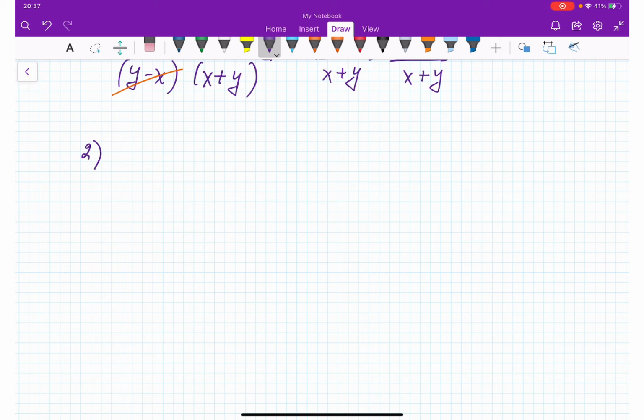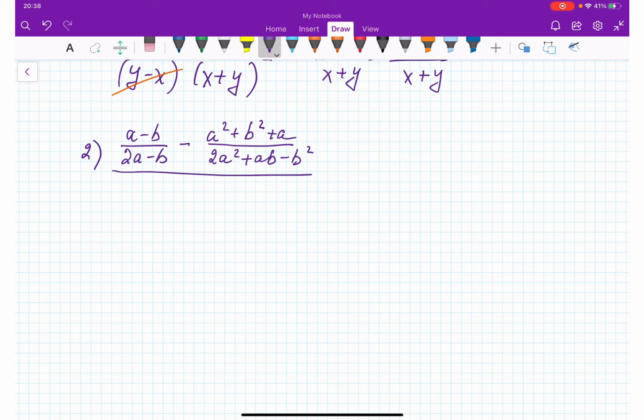We are going to have (a minus b) over (2a minus b) minus (a squared plus b squared plus a) over (2a squared plus ab minus b squared).